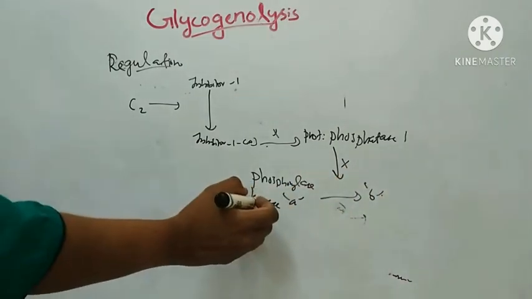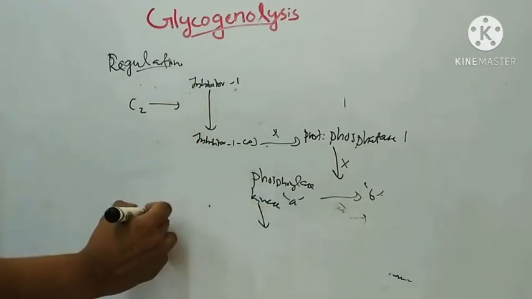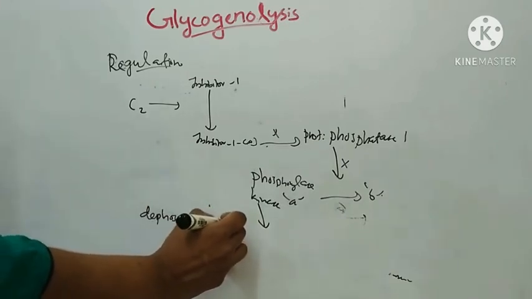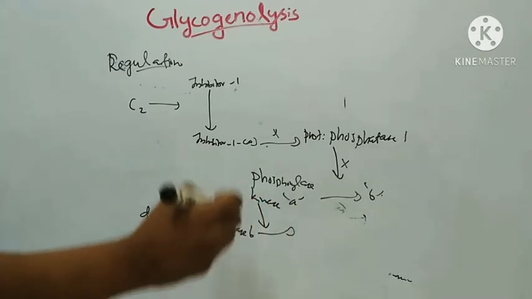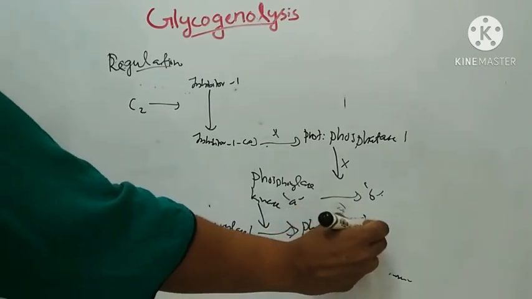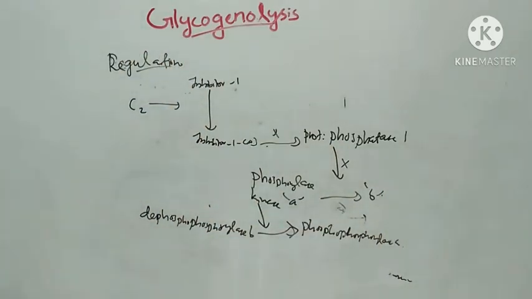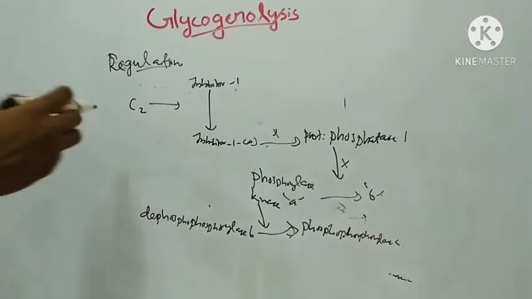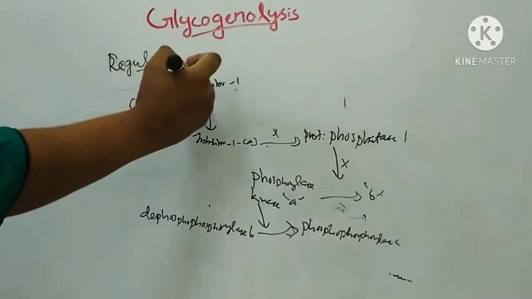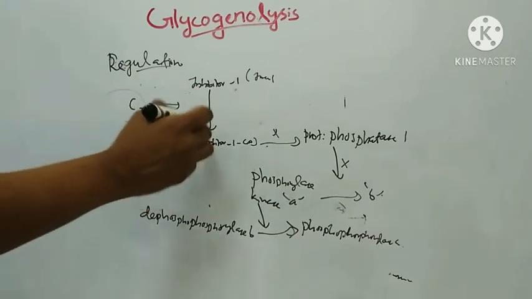This phosphorylase kinase A in turn phosphorylates phosphorylase B to active phosphorylase A. So, second regulation is activation of inhibitor 1. The active protein kinase C2 phosphorylates the inactive protein factor inhibitor 1 and it is converted to active inhibitor 1 phosphate.